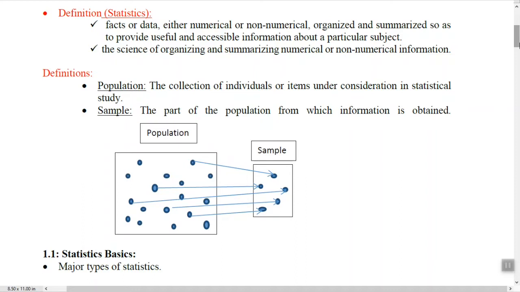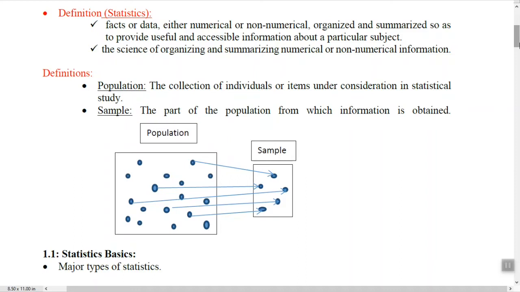So I picked two definitions. Statistics means facts or data, which can be numerical or non-numerical, organized and summarized, so we can provide useful and accessible information about a particular subject. That is what we call statistics.